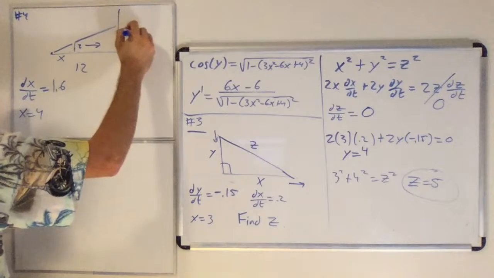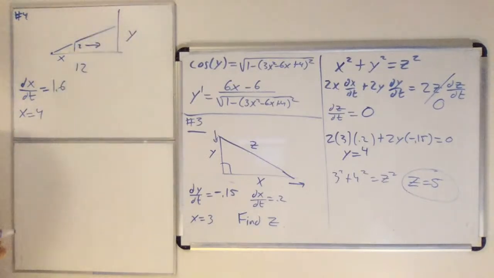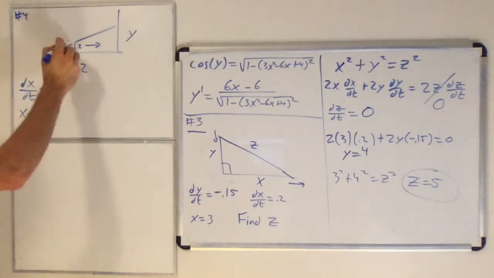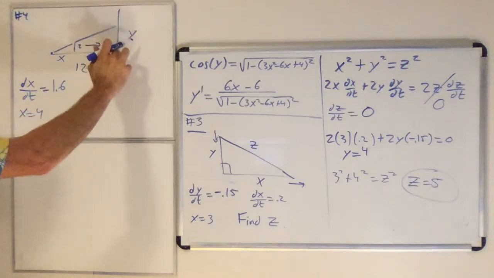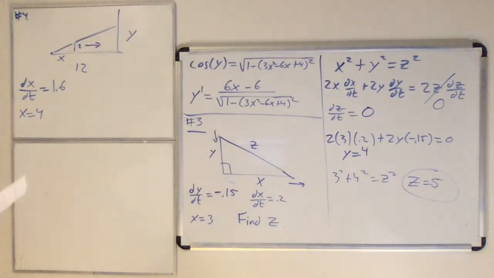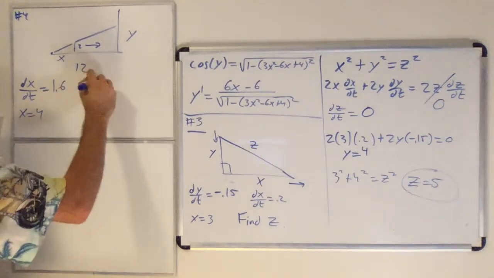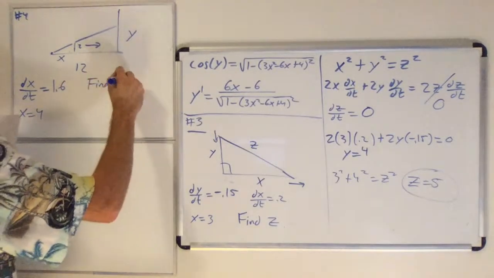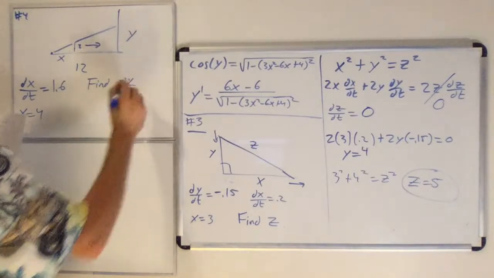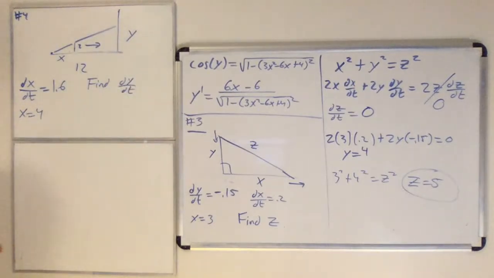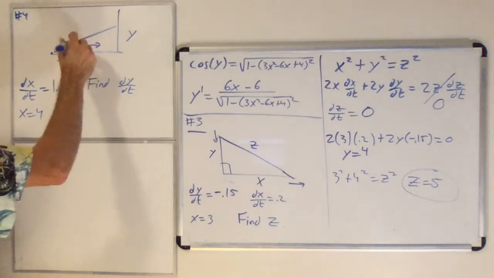So here's his shadow. Let's say the length of his shadow is Y, right? Because if he was standing here, the spotlight, this would be his head, his toes would cast a shadow down here. It wants us to find dy/dt. So this guy is 2 meters tall.